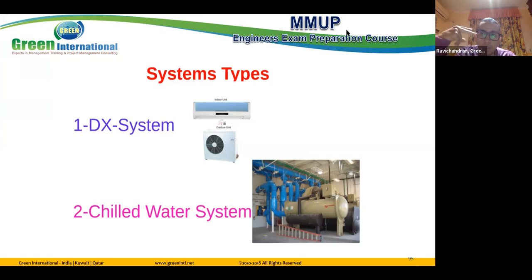Chilled system, by simplified definition, has two refrigeration cycles: one between the refrigerant and the water, and one between water and air. DX is refrigerant to air directly. So for any system, check whether the refrigerant contacts air, or the refrigerant contacts water and the water contacts air. Clear? According to this description, we can classify a system as DX or chilled water.